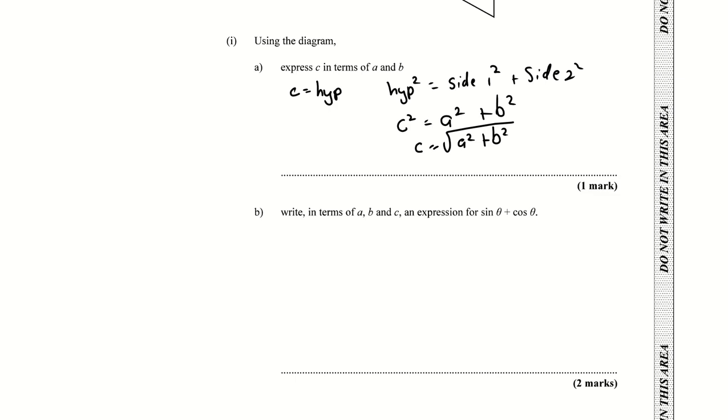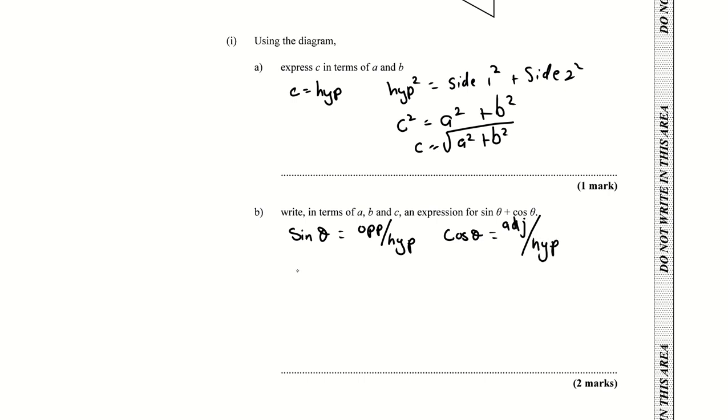Write down, in terms of A, B, and C, the expression for sine theta plus cos theta. Now, sine theta is opposite over hypotenuse. Cos theta is equal to adjacent over hypotenuse.